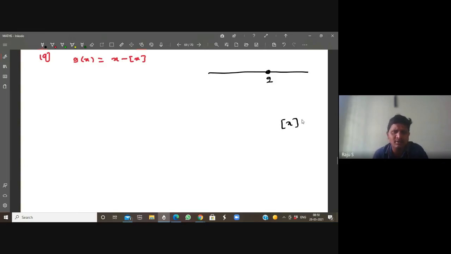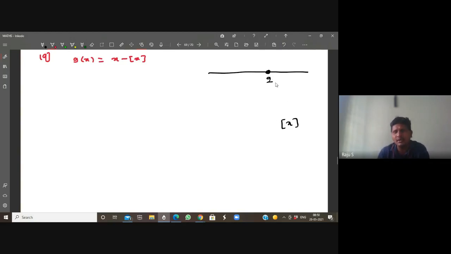Is it continuous at 2? We have to find the left hand continuity and right hand continuity. 2 in the sense its neighborhood also. If you take any neighborhood of 2, it should be continuous in its neighborhood also. If it is continuous in its neighborhood, then it is continuous at that integer, right?